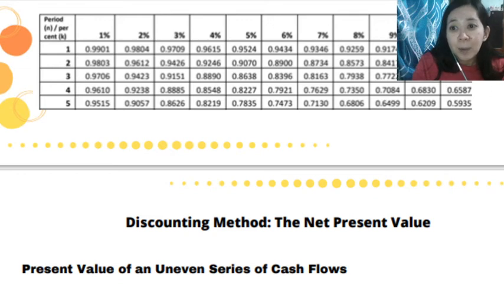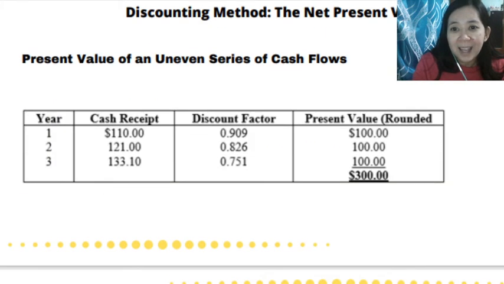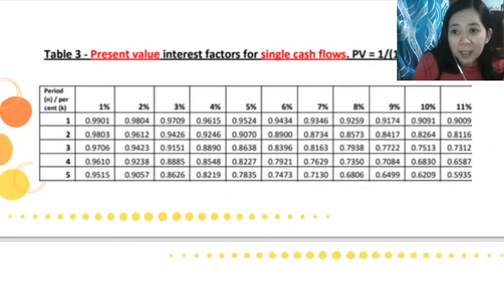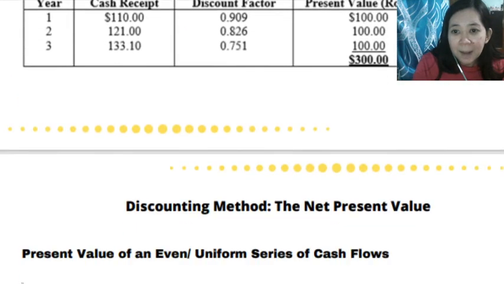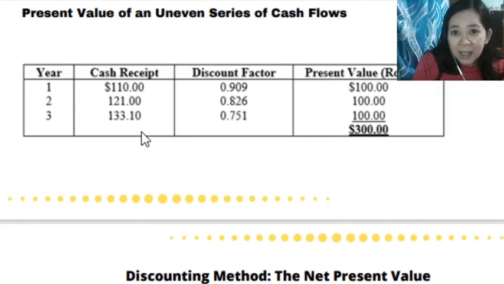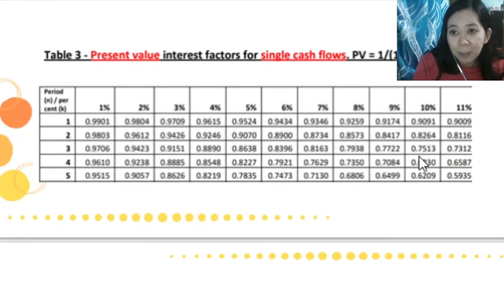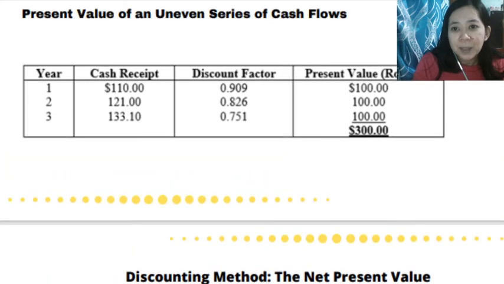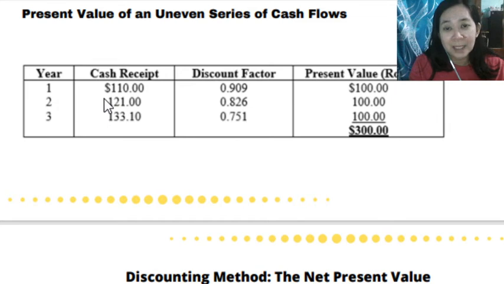So that's 0.909 for the first year. For the second year, that's 0.826. And in the third year, based on our table, that's 0.751. So in this case, all you have to do is to determine the present value of this investment.